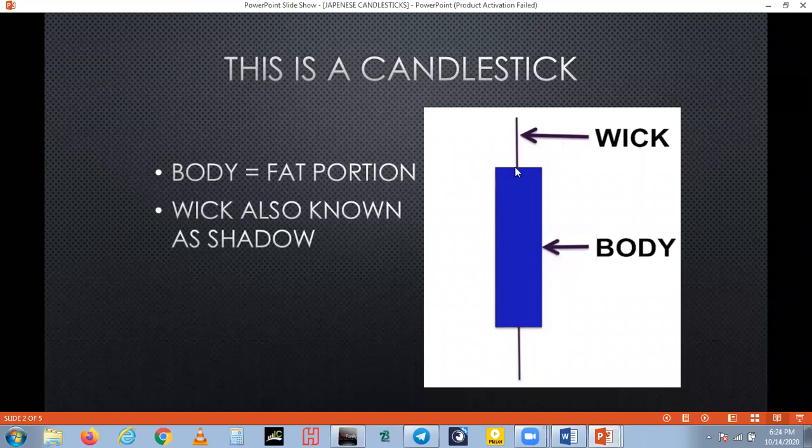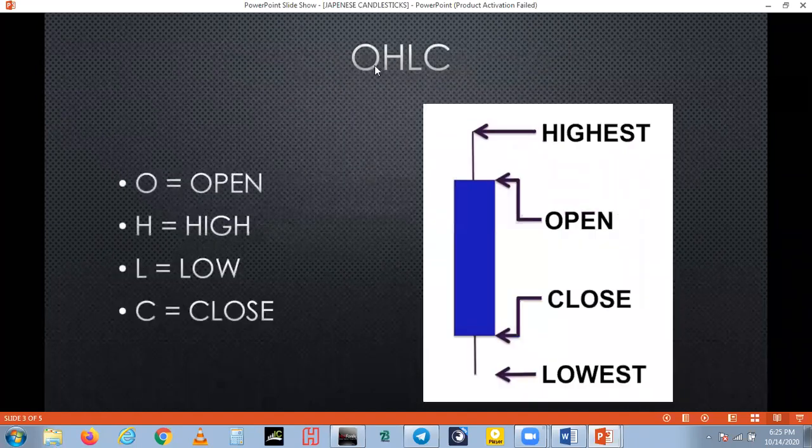It's called the body of the candlestick. While the wick, which is also called the shadow, is this thin guy. That's the wick, and this is the body. So wick, body, wick. So the open, high, low, close.